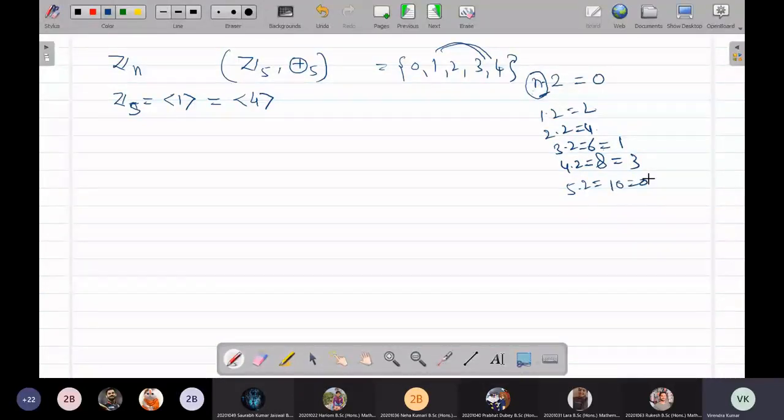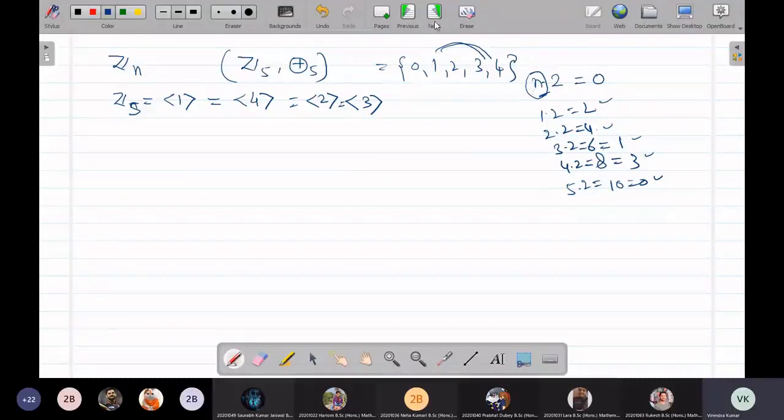So we get 0, 1, 2, 3, and 4, all elements. So 2 is also generating all elements. So we have another generator 2, and 3 is the inverse of 2. So except the identity, every element of this group is a generator of this group.